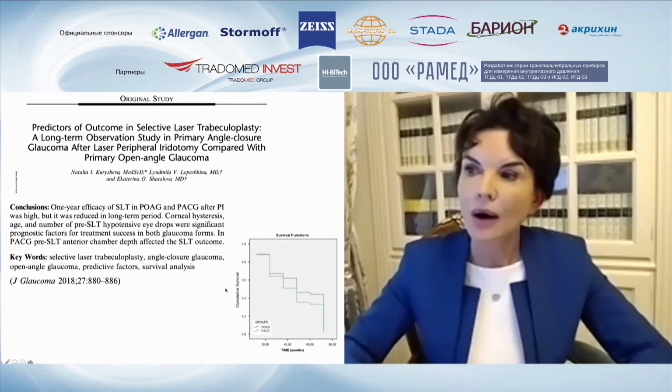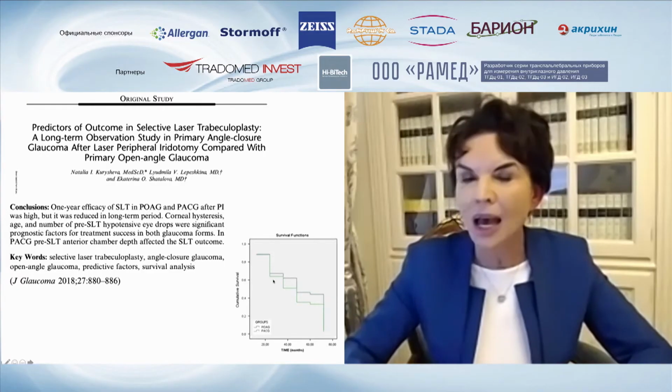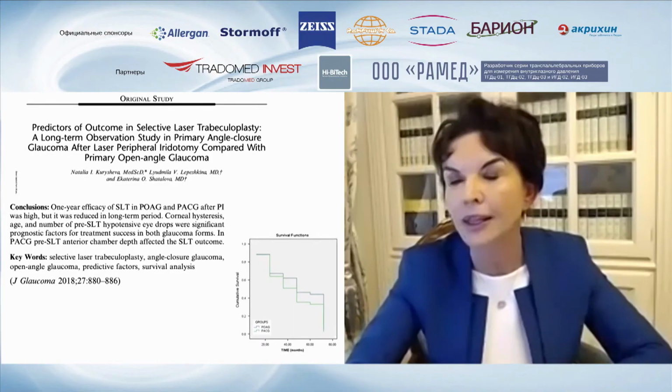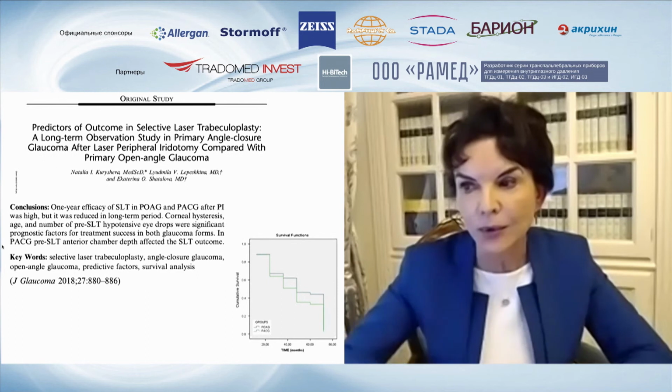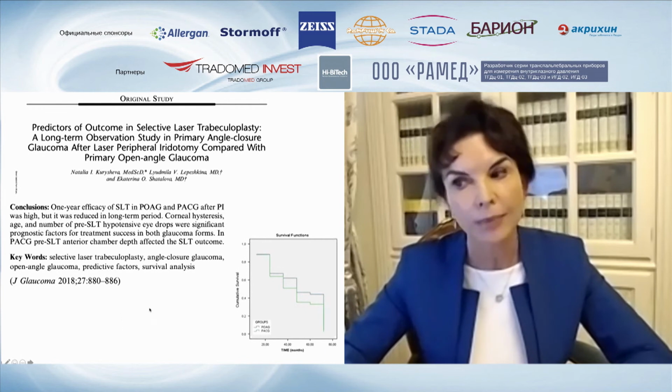However, according to our results of the prospective longitudinal study, when we compared primary angle closure glaucoma and open angle glaucoma, we have revealed that the efficacy of SLT drops dramatically within the first and the second years after the operation. And the efficacy depends not only on the baseline IOP and the number of hypotensive eye drops, but also on the anterior chamber depth in primary angle closure glaucoma, but not in primary open angle glaucoma.